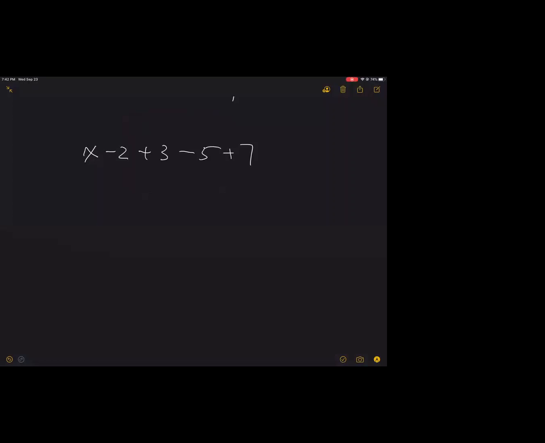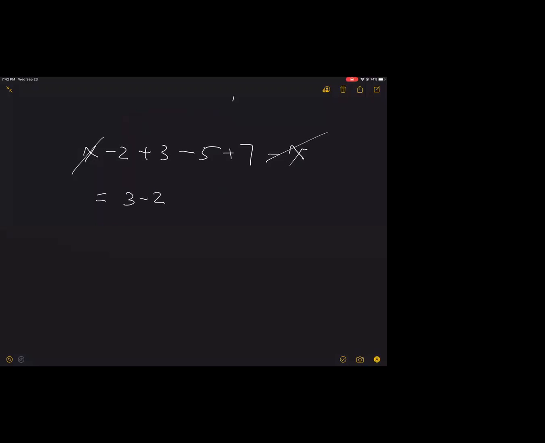And then you have to subtract x in the end because it says subtract the original number. So then the x's cancel out, and you're left with -2 plus 3 minus 5 plus 7.